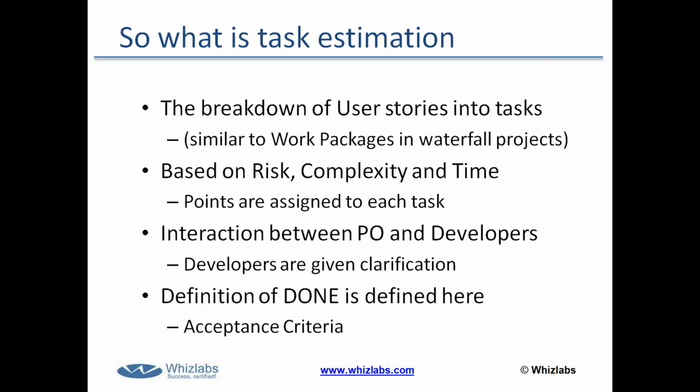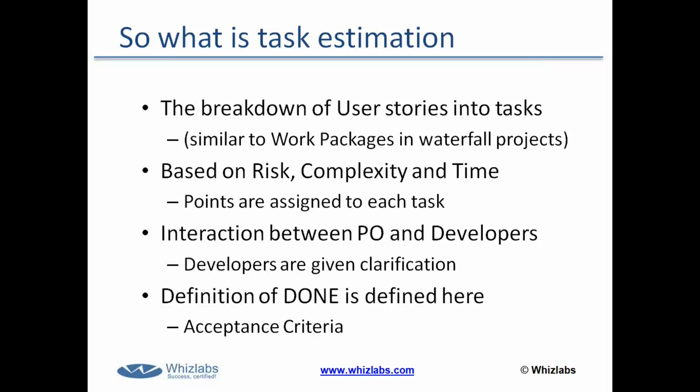So each task is assigned a point value based on risk, complexity and time. Together, that number, those 100 tasks broken down into 300 points that the developers agreed to do during that sprint, will be called the velocity of the sprint. The developers build this thing called velocity.